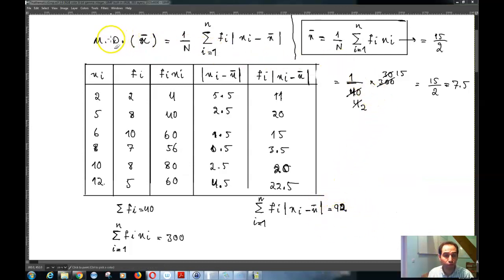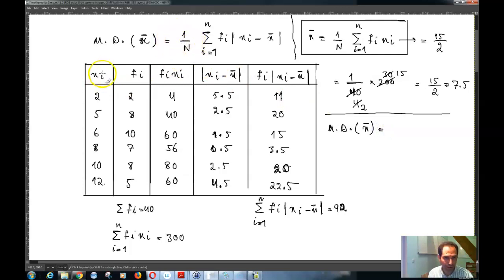Now in order to calculate the mean deviation about mean, what you want to do is 1 over n.